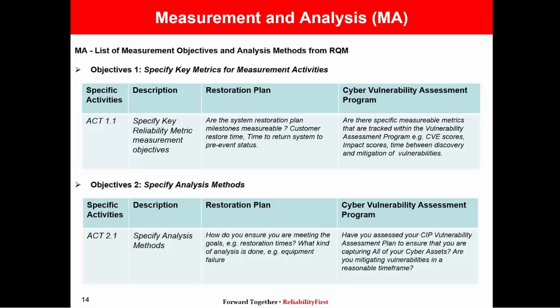In terms of our example of system restoration plan, we may be looking at some metrics surrounding customer restoration times or time to restore the system to a pre-event status. For this objective, we're looking for a metric that may be used to indicate how well the organization performed.